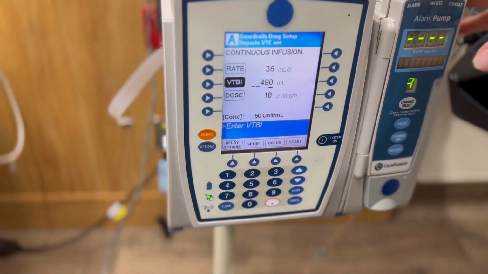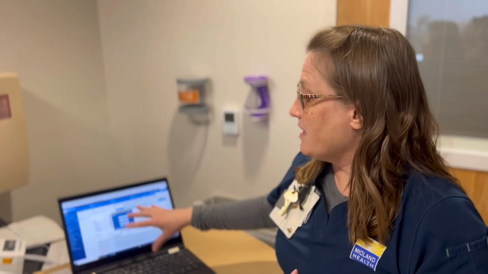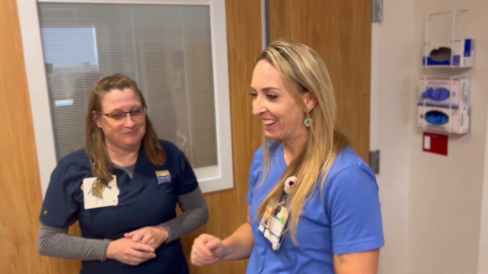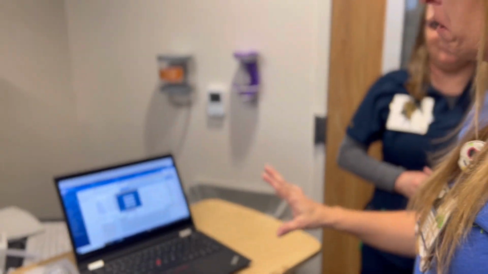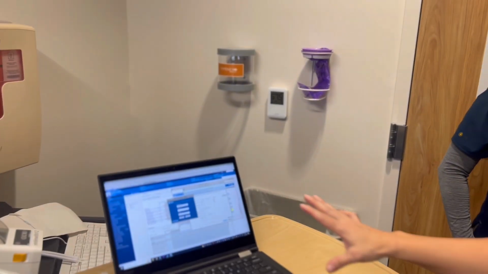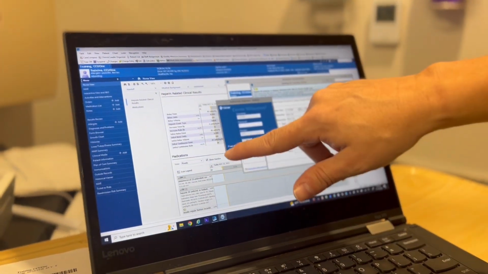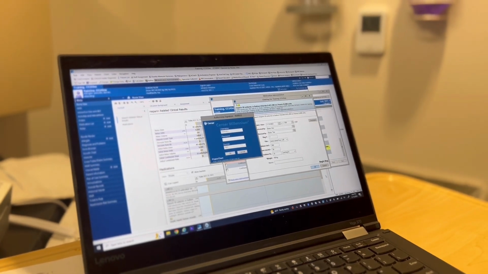All right. So now I'm going to grab my second nurse verification so that they can come in and take a look. Michelle, can I get a second, please? Of course you can. Okay, so what I'm looking at as a second nurse is I am going to verify that everything that is put in is correct. So I'm going to double check her order, double check the heparin flow sheet, and then I'm going to look at my pump.